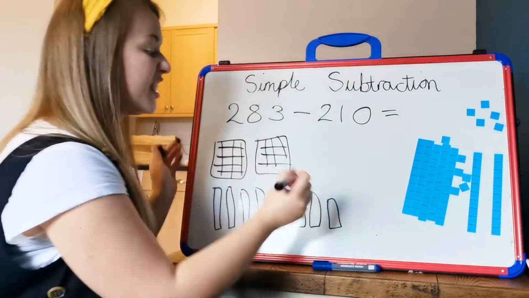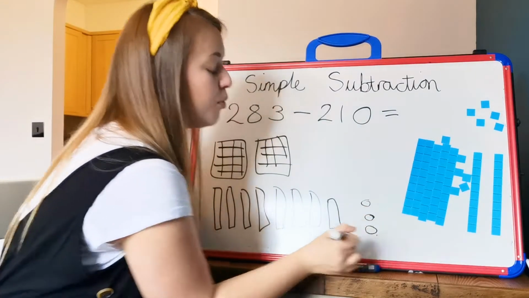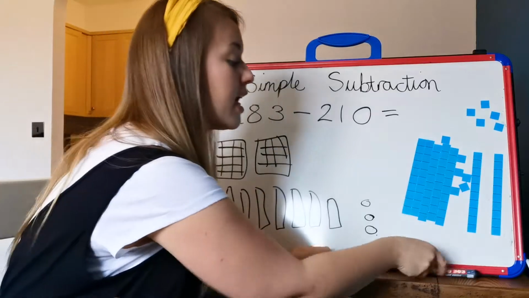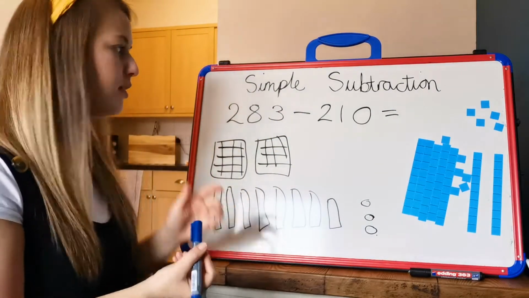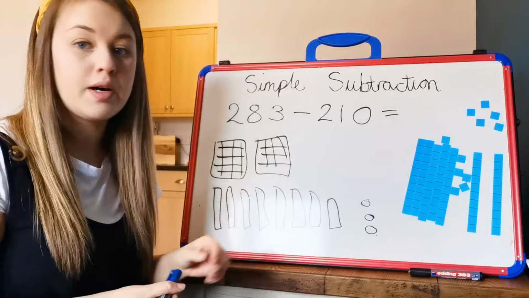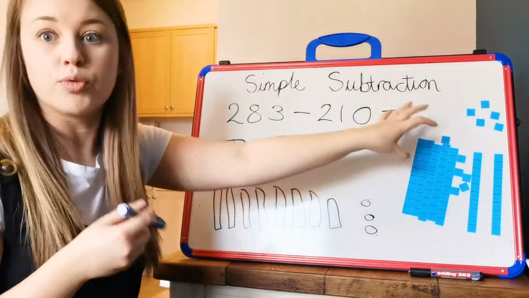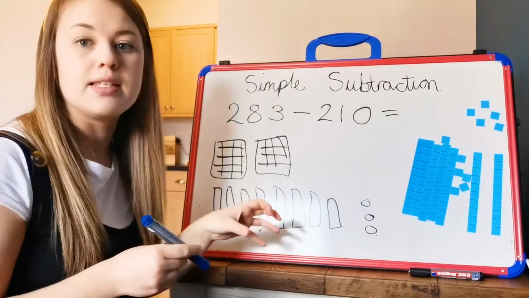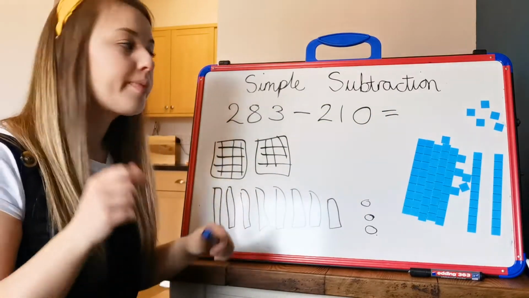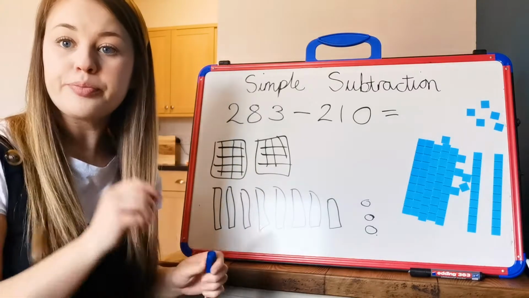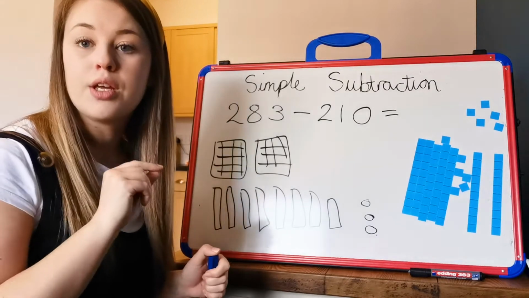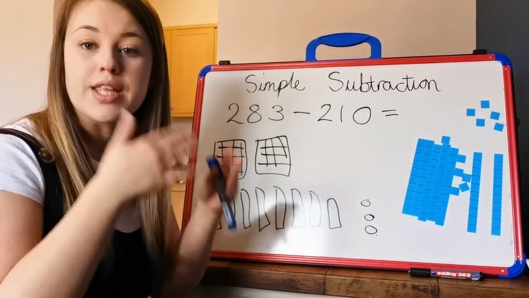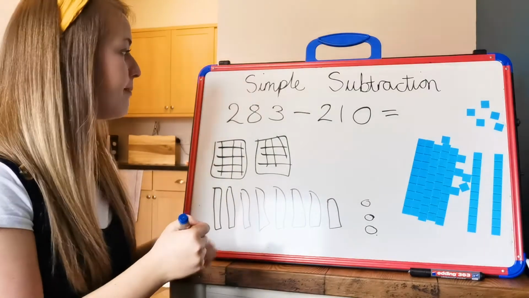Ideally, it would be nice if it did look nice and neat, but I really wouldn't worry, because this is just an explorative method, a means to an end, rather than your final answer. As in, you will write the answer, so it doesn't matter if this part isn't neat. But I would say, don't draw them too close together, because when you come to cross things out, a lot of children will miscount because they haven't separated their deans correctly.